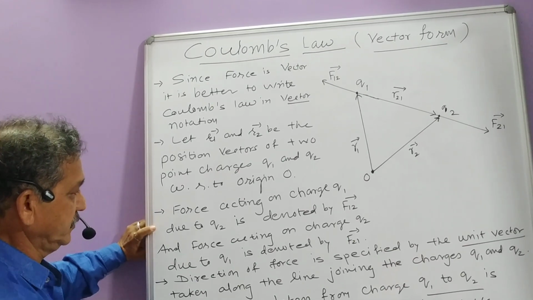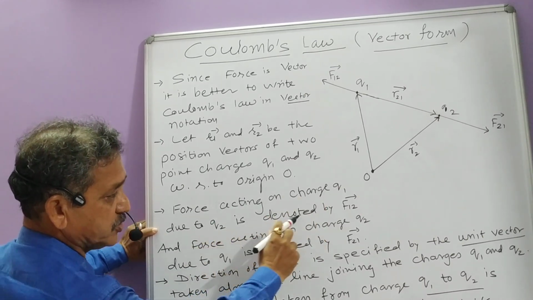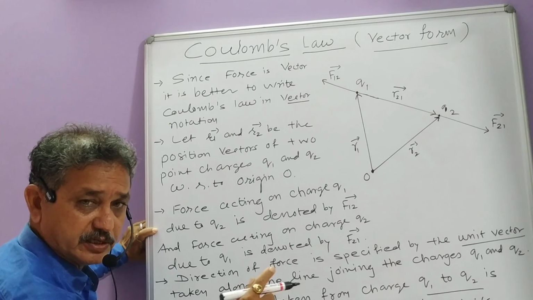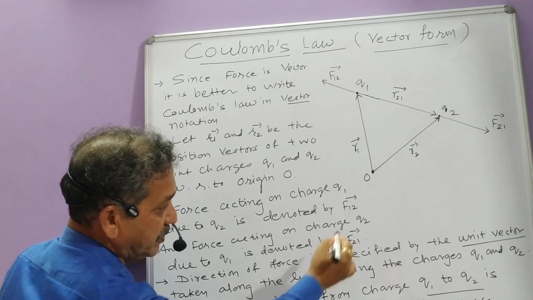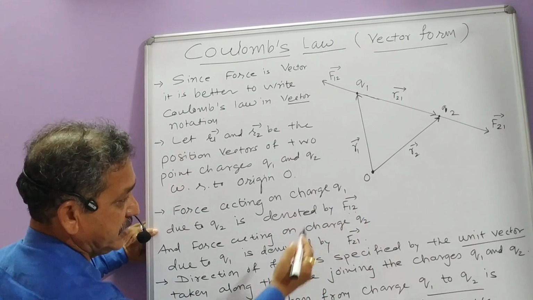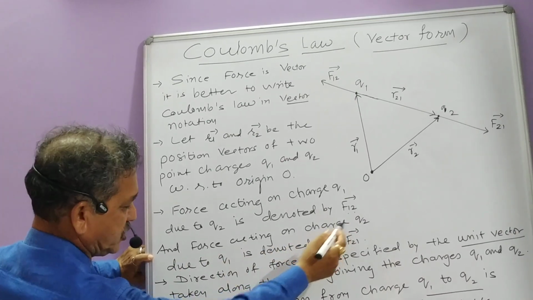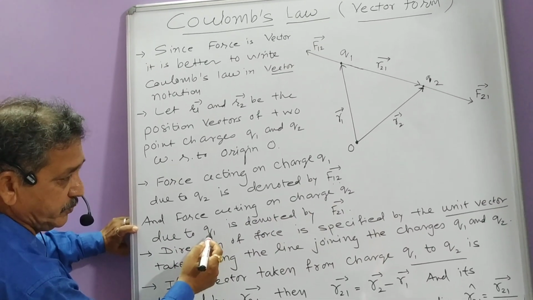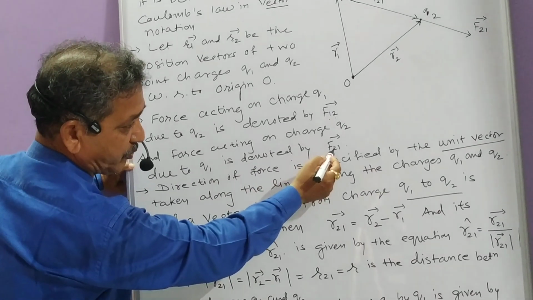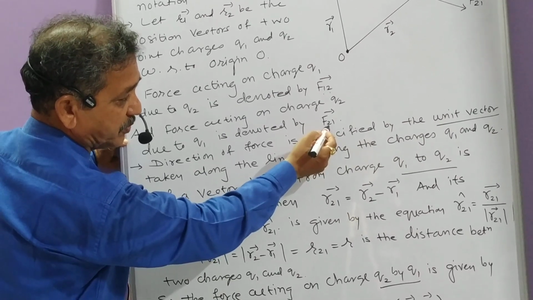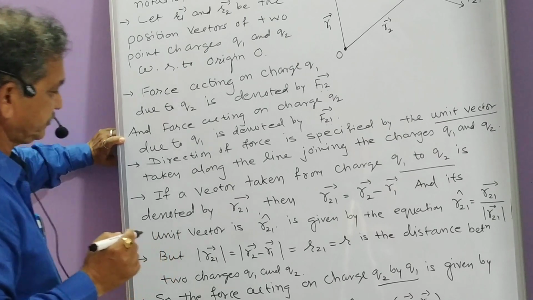The force acting on charge Q1 by Q2 is denoted by vector F12, as the number 1 comes first and number 2 comes later. Similarly, the force acting on charge Q2 due to Q1 is denoted by vector F21, as number 2 comes first and number 1 comes later.